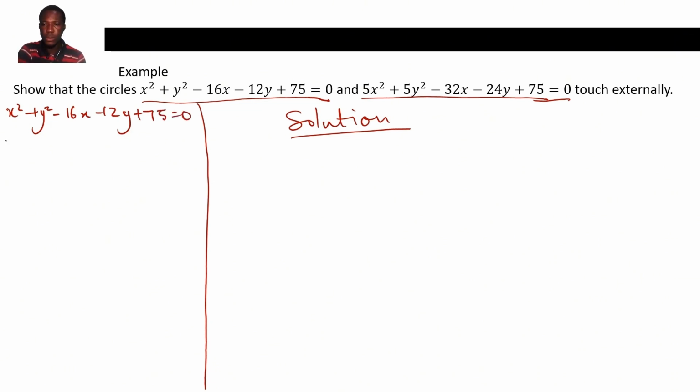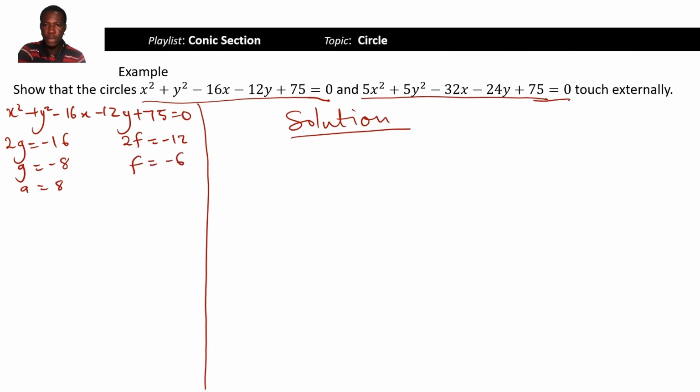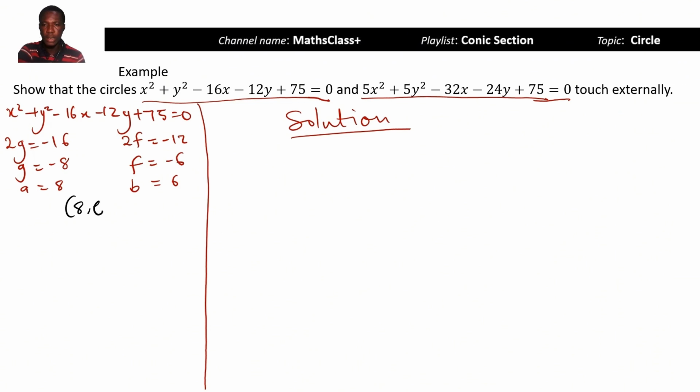Now, 2g is equal to minus 16, g is equal to minus 8, and a is equal to 8. 2f is equal to minus 12, f is equal to minus 6, and b is equal to 6. So taking this circle, our center is (8, 6).